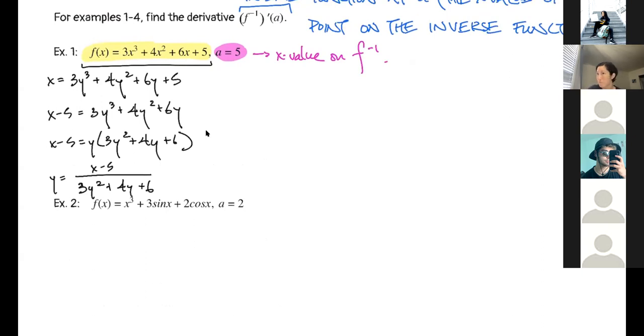So I think that's also an interesting idea. We've learned on Monday about how we can handle situations where we have x's and y's mixed together and it's not nice to find or isolate a letter, right?